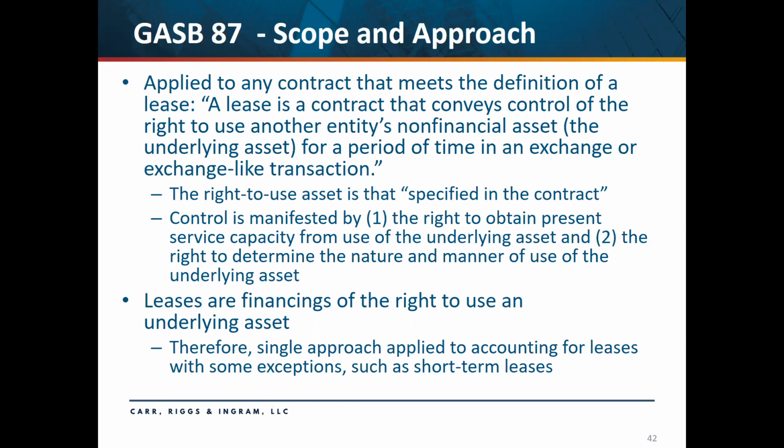Control is manifested by the right to obtain the present service capacity from the use of the underlying asset and the right to determine the nature and manner of the use of the underlying asset. So leases are financing of the right to use an underlying asset. So therefore, this single approach will be applied for all your leases.